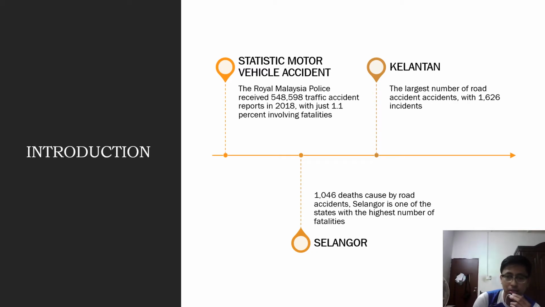Kelantan recorded the largest number of road accidents with 1,626 incidents. Meanwhile, Selangor recorded 1,046 deaths caused by road accidents only. Selangor is one of the states with the highest number of fatalities recorded.